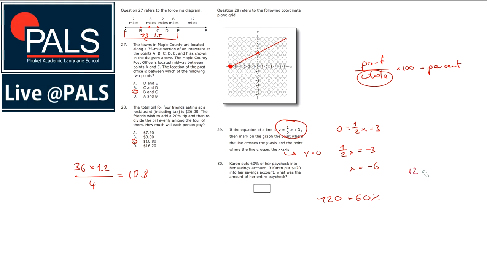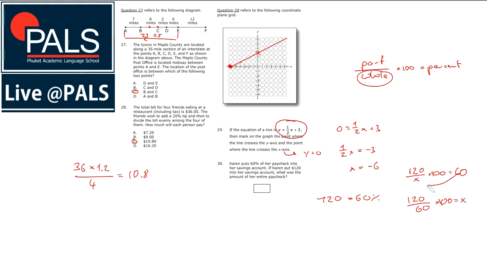So we have basically 120, which is our part, divided by x times 100 equals 60. So that means we multiply by x and we divide by 60. So 120 divided by 60 times 100 is equal to x.